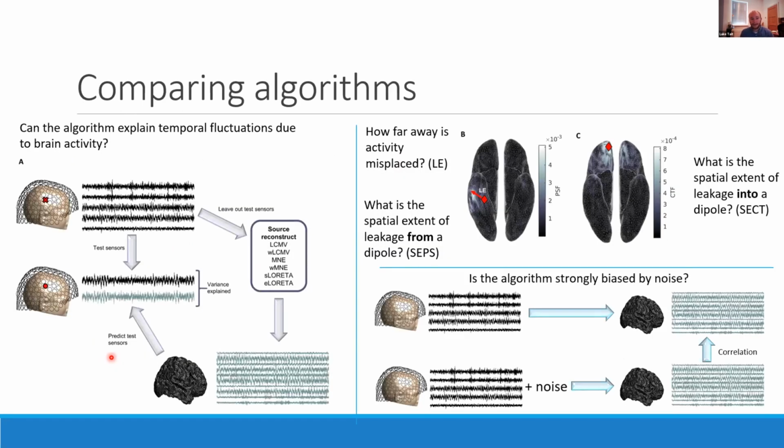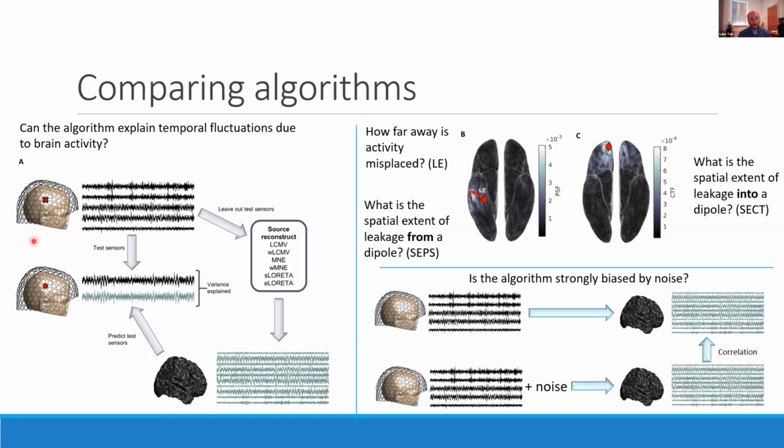In order to compare the algorithms and quantify which perform well in different aspects of MEG data, we wanted to look at spatial and temporal quantifications. For the temporal aspect, we wanted to ask, can the algorithm explain the temporal fluctuations due to brain activity? So we took our resting state MEG and left out a subset of electrodes.